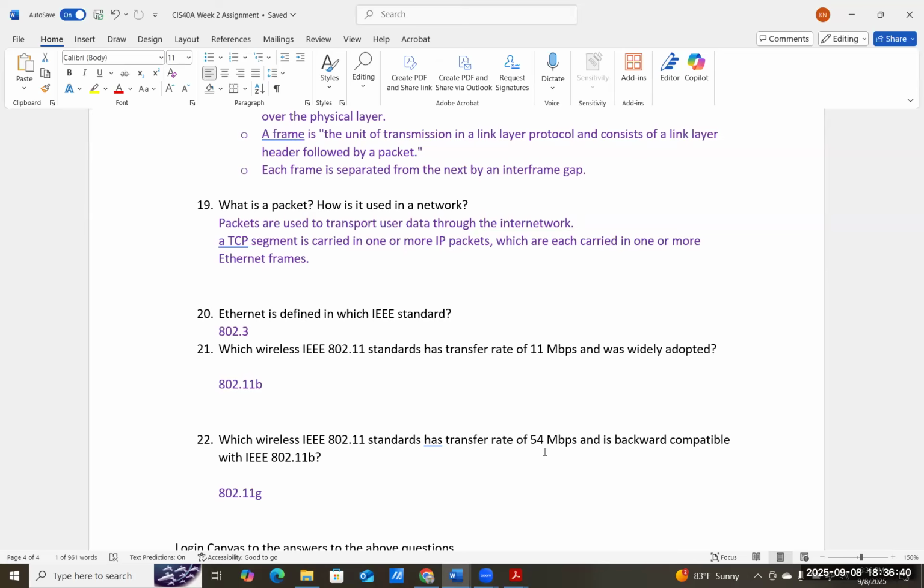When you're scanning for access points, most of the time you would see that they install 2.4 gigahertz access points. If you're using AC, that's dual band, so it uses 2.4 gigahertz and 5G, and you have an option. But 5G is higher frequency, so it's not able to go the long distance.